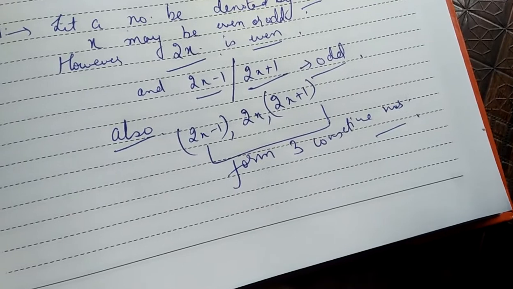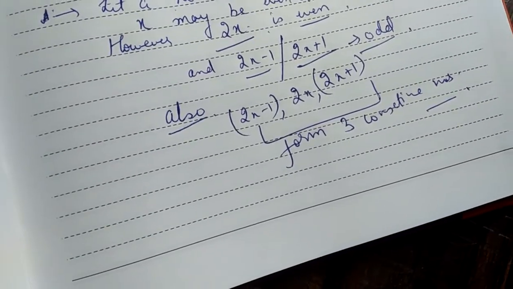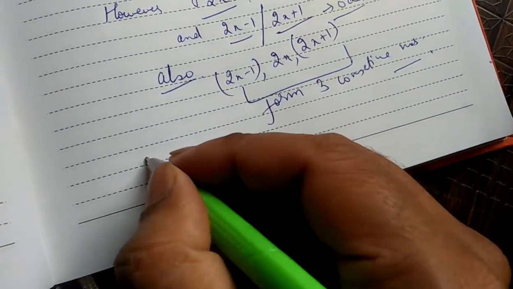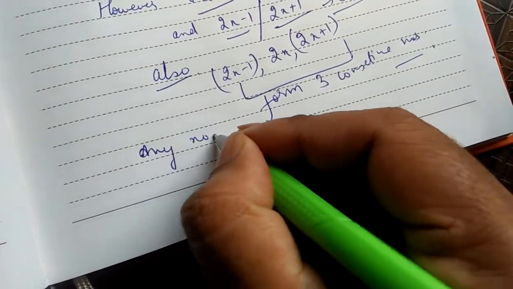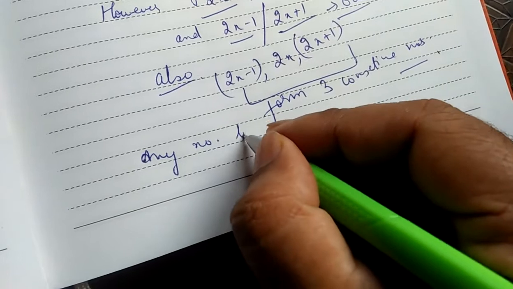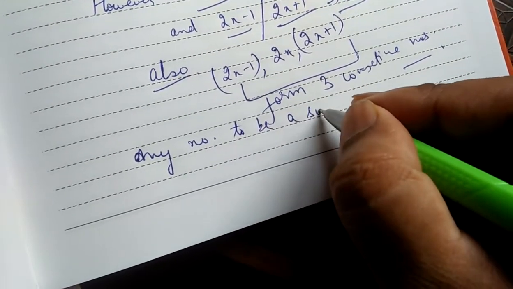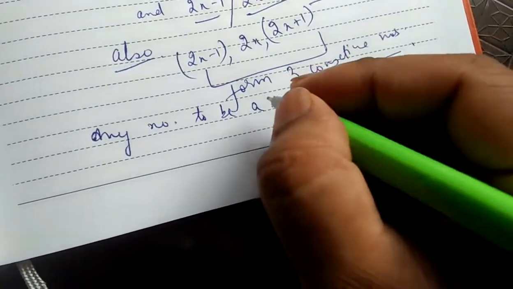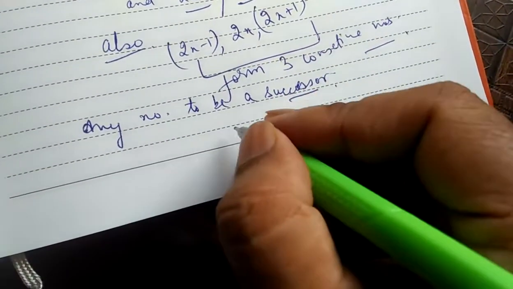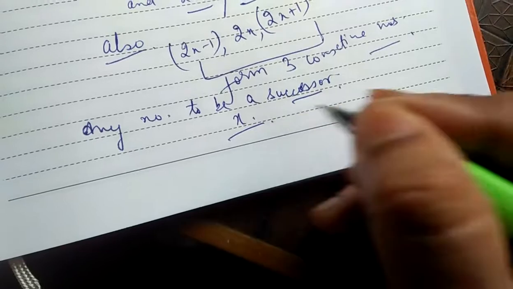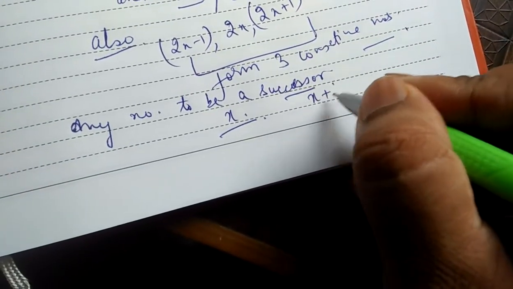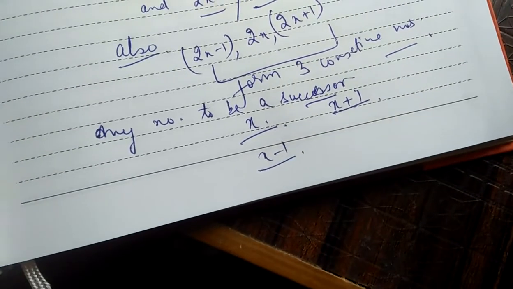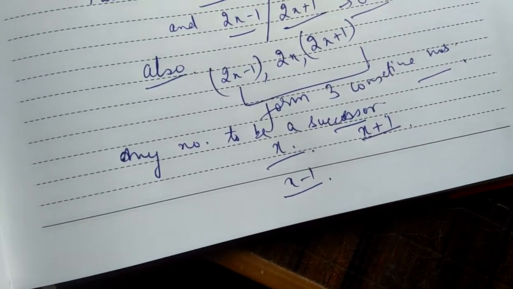Okay, now any number to be a successor, okay, so let x be any number, so its successor is x plus 1, its predecessor is x minus 1. Okay, so these are simple things that you should understand.